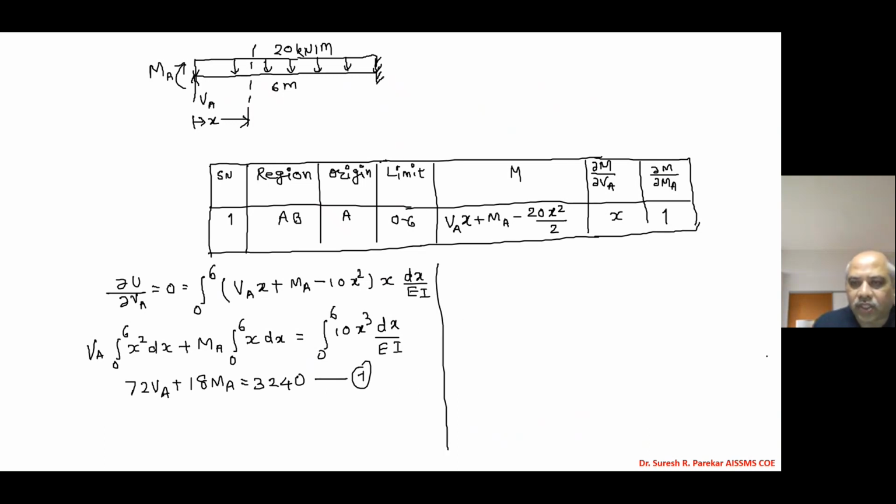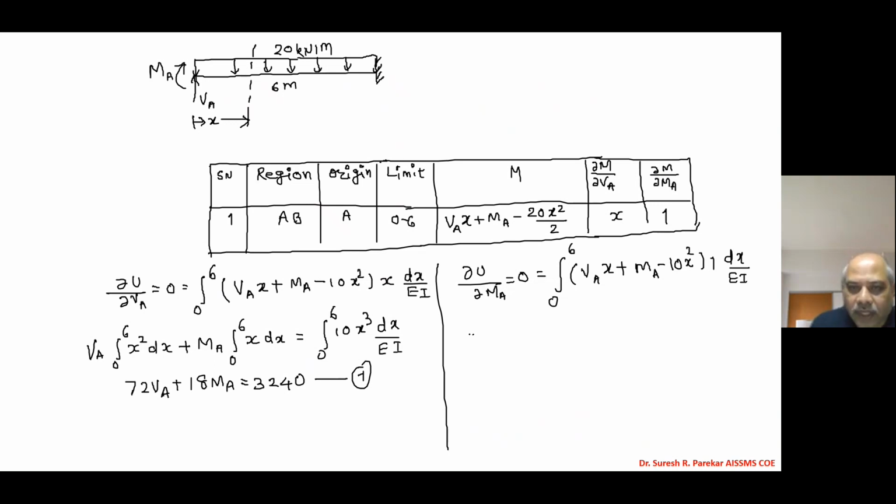Now we will go for equation 2, that is dU by dMA, and that is equal to 0, equal to integration 0 to 6, moment will be as it is, VA into x plus MA minus 10x square, and now we have this value 1 only, 1 into dx upon EI.